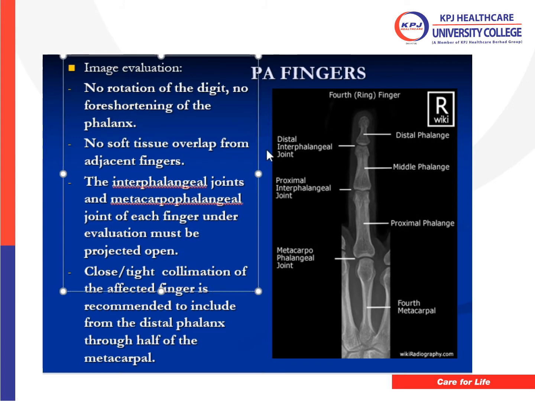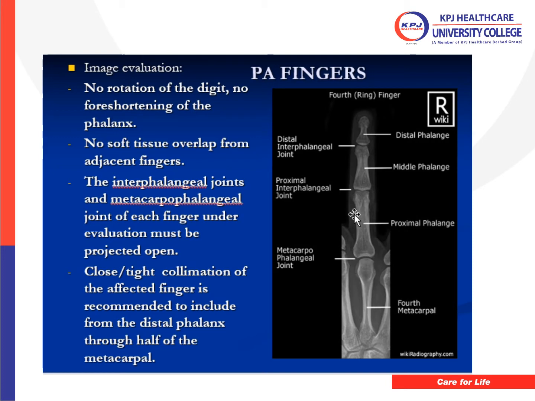Right, so image evaluation here mentions the rotation of the digits, and no foreshortening of the phalanges. You know whether there is foreshortening or not by looking at the image itself, pointing to the joint, specifically the distal interphalangeal or the proximal, or the metacarpophalangeal joint.